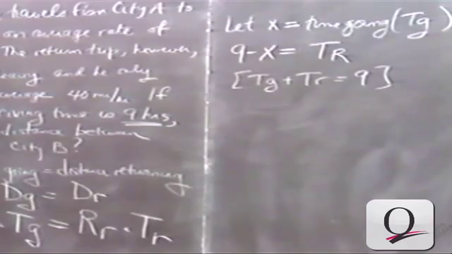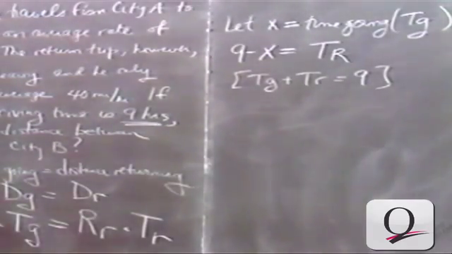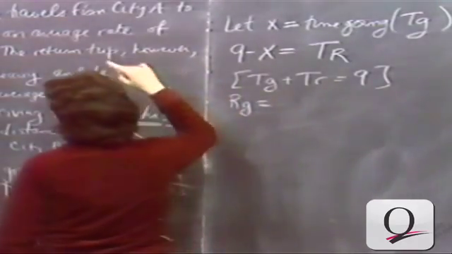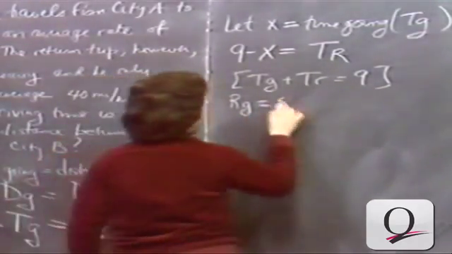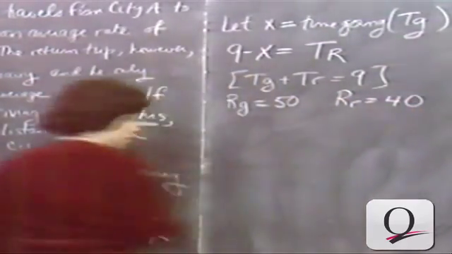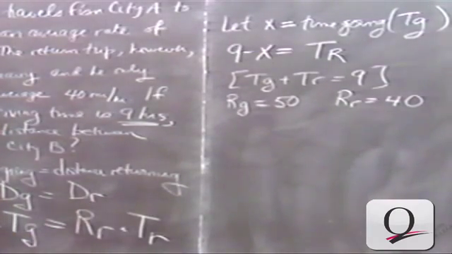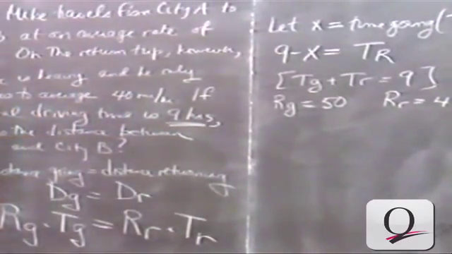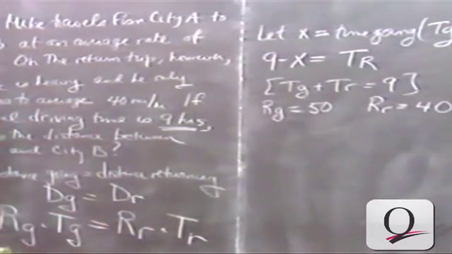Here we have x is the time going, 9 minus x is the time returning, and the rate going is 50 miles per hour. The rate returning is 40 miles per hour. Now we're going to substitute into this formula.